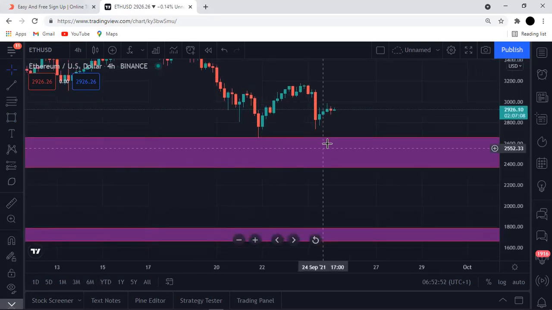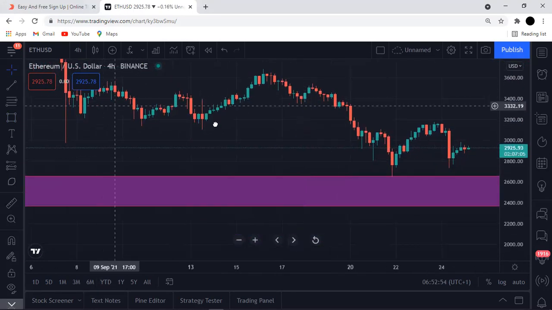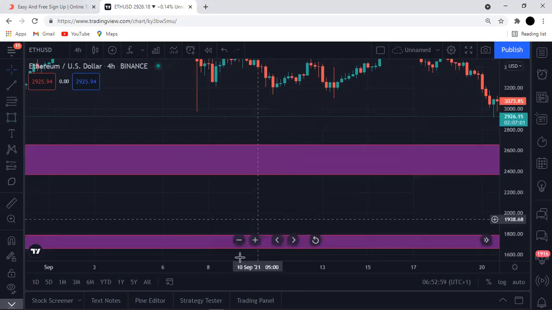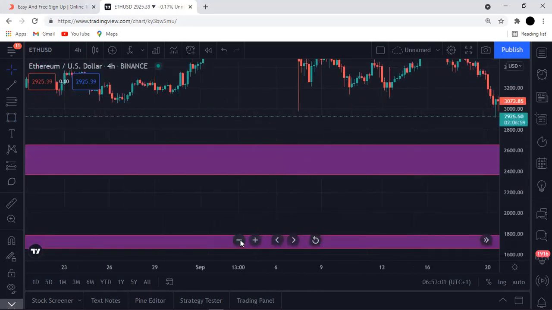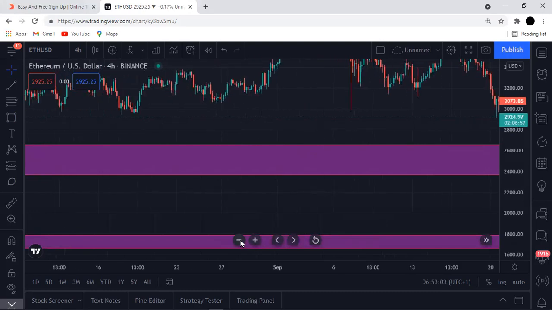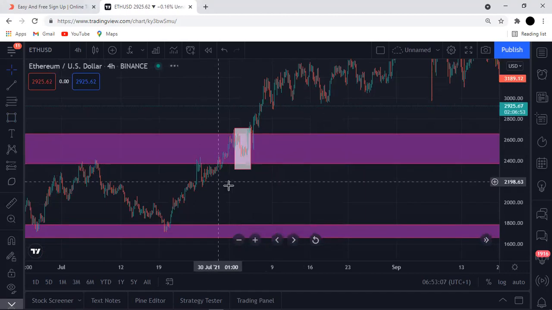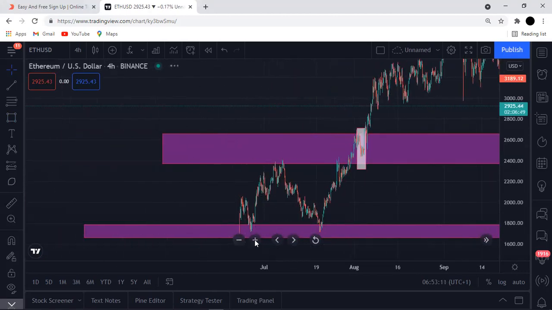If you change your time frame and it's still not clear, you should go lower. If you're looking for a structure and it's really not clear with the time frame, you should go to a lower time frame.